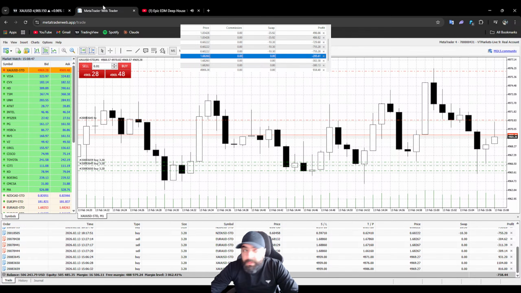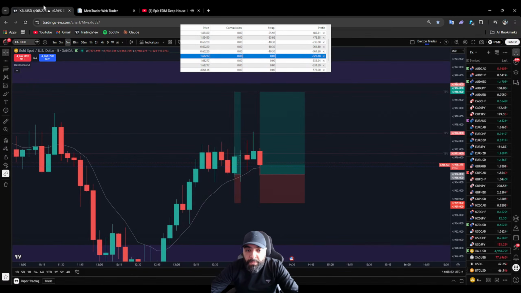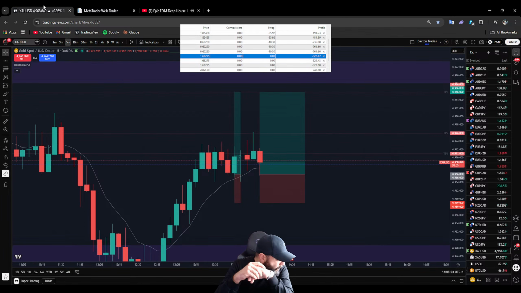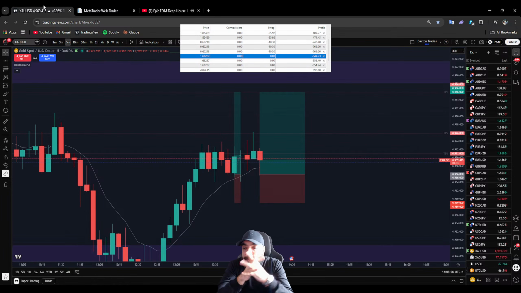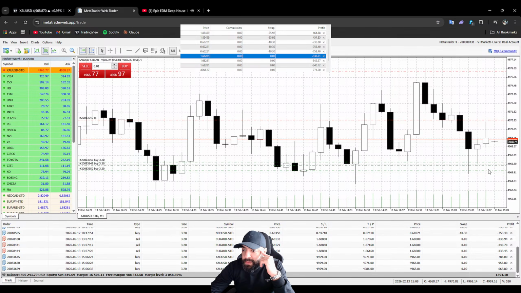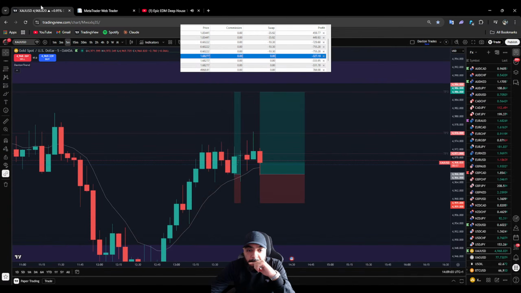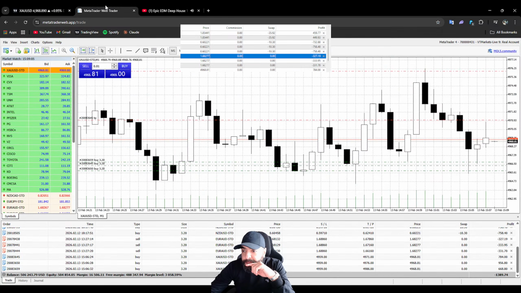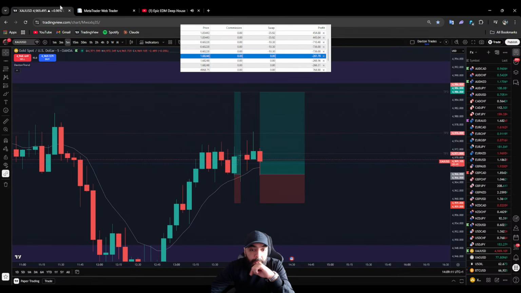So come on, gold, come on. Entry at 66. Yes, I've entered at 66, as you can see here on these green lines. Yeah, we missed the TP1 by a hairpin.